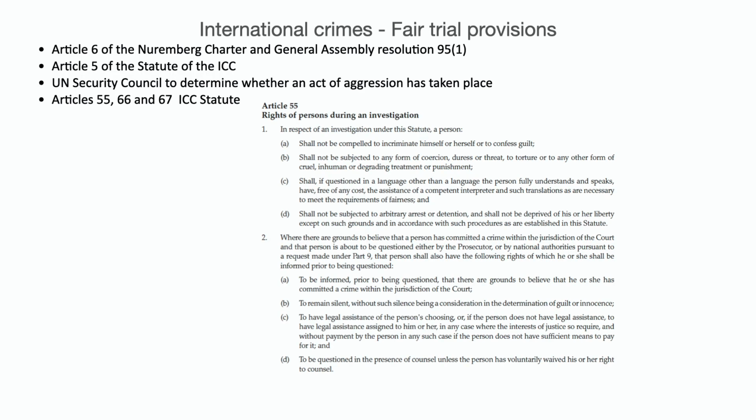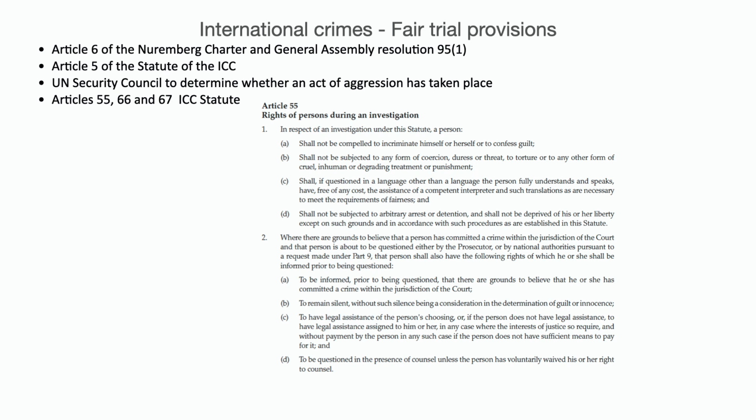Article 55 of the Statute of the International Criminal Court lays down the rights of persons in respect of an investigation. A person shall not be compelled to incriminate him or herself or to confess guilt. A person shall not be subjected to any form of coercion or degrading treatment or punishment. A person shall have, free of any cost, the assistance of a competent interpreter.